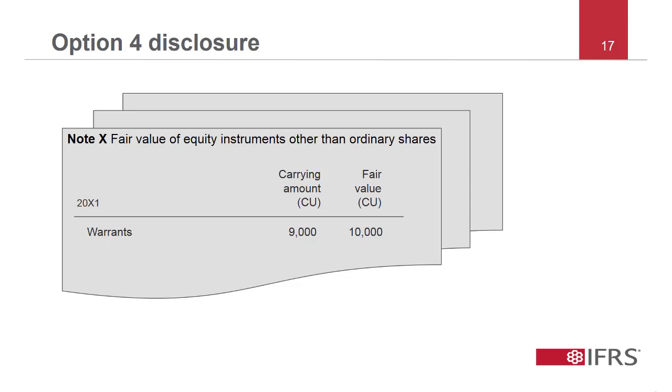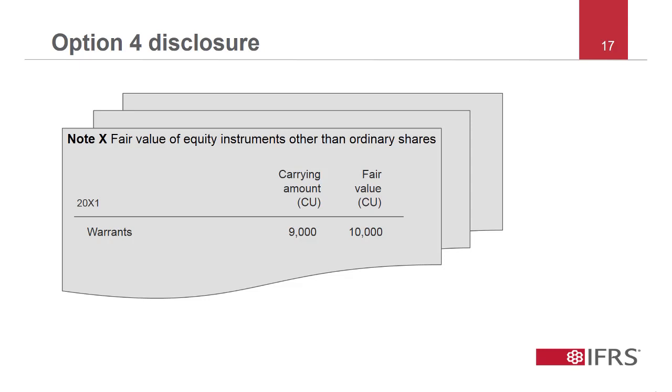This information could help users of financial statements understand the distribution of returns among different equity instruments. By providing fair value information, it would also result in similar information being provided about derivatives on an entity's own equity, regardless of whether they are classified as financial assets, financial liabilities, or equity instruments.